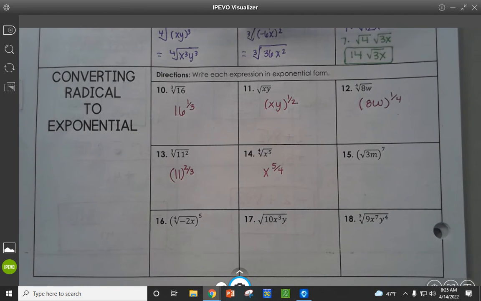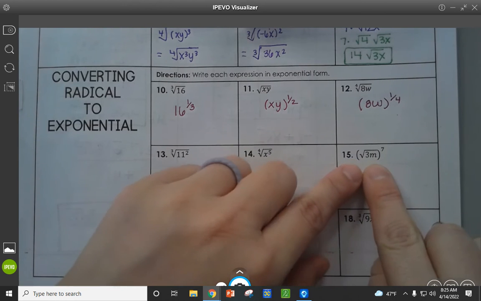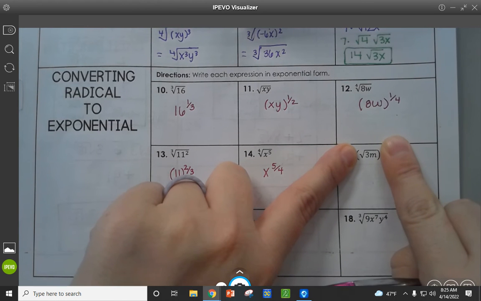Now, number 15 is a little different. We have the square root of 3m, and that whole thing is raised to the 7th power. We only want to give one exponent in our answer. So we first need to do what's in the parentheses.